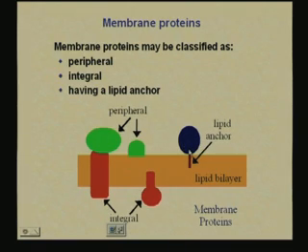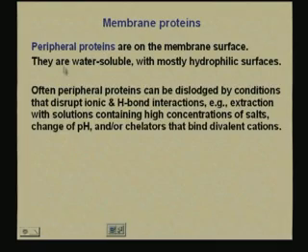The lipid anchor ones have a lipid chain attached to them, of which the lipid chain interacts with the hydrocarbon chains of the lipid fatty acids. Okay? So, these are the three types of membrane proteins that you can have, and we will see the properties of the membrane proteins. The peripheral proteins are on the membrane surface.